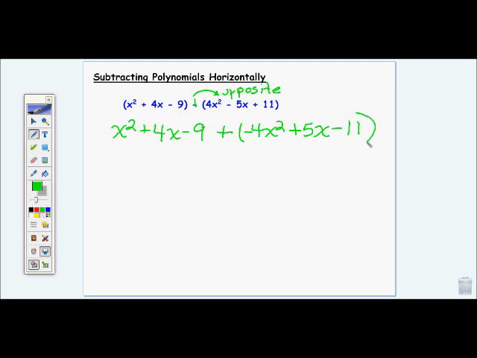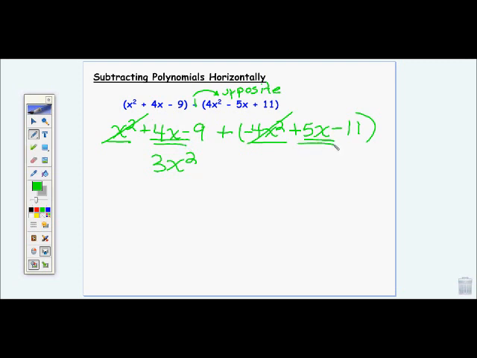Now again, I can do my combining. I have an x squared and I have a -4x squared. We're going to combine those, and you should end up with a +3x squared. I have a +4x. Notice I'm just showing you a little bit different coding now.